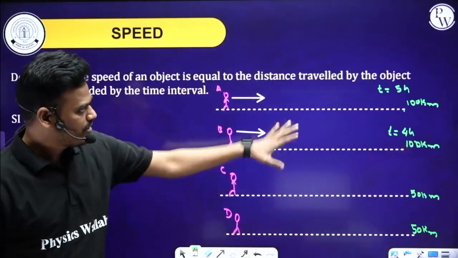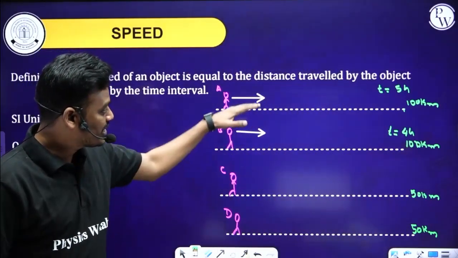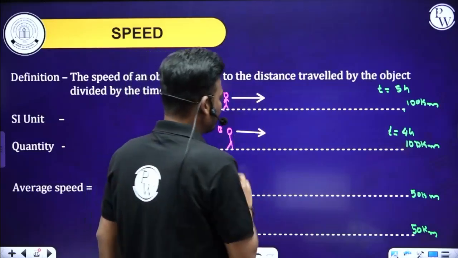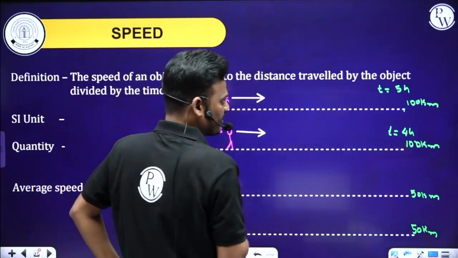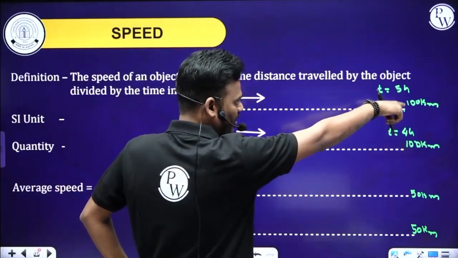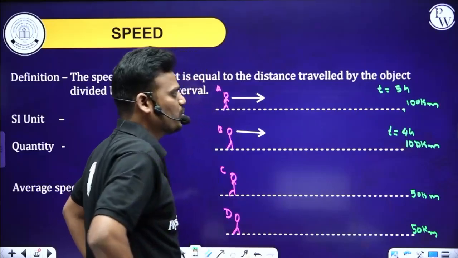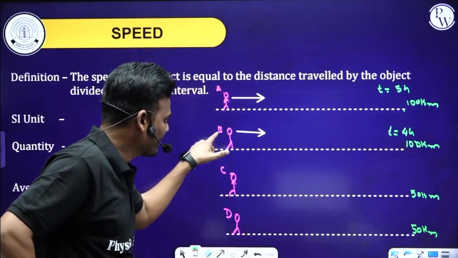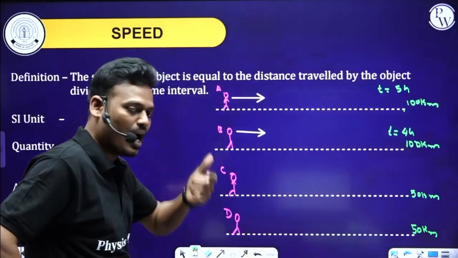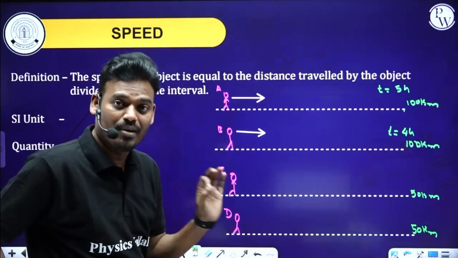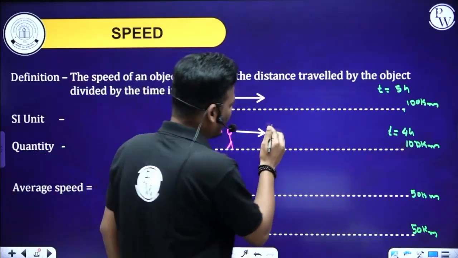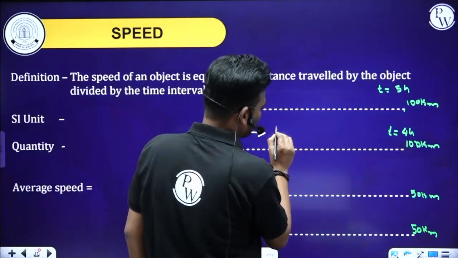What is the speed of these two bodies? Distance is the same, and the time is 5 hours and 4 hours. Which one has reached faster? That is body B. How to calculate the speed of the body? The easiest way is that speed is nothing but the distance divided by the time taken.